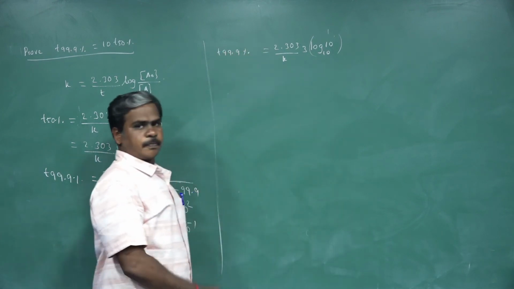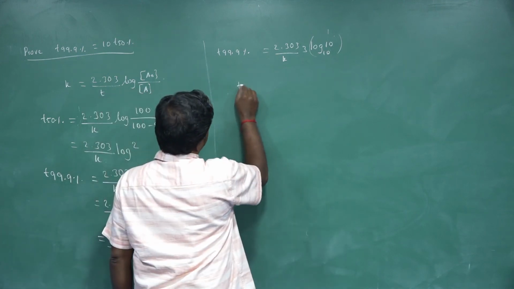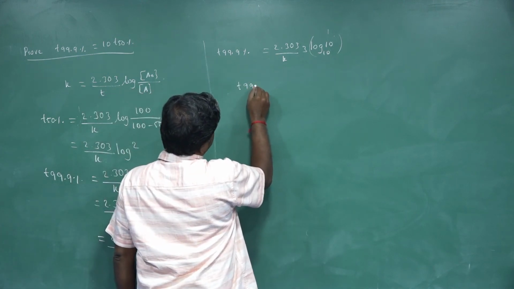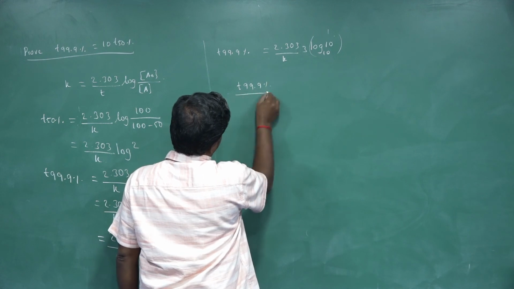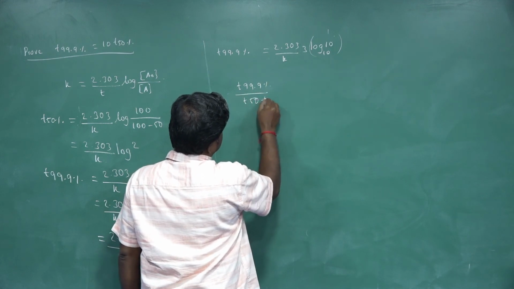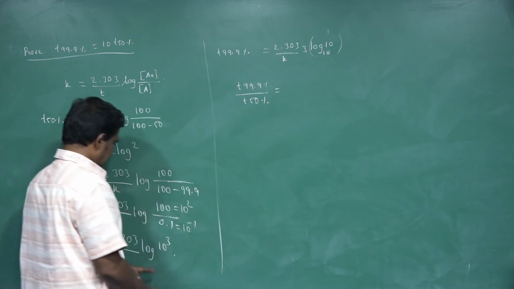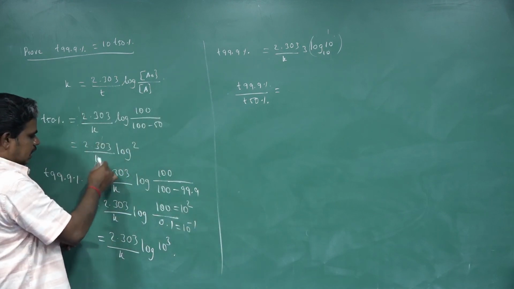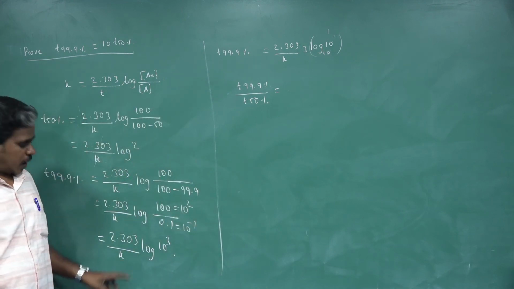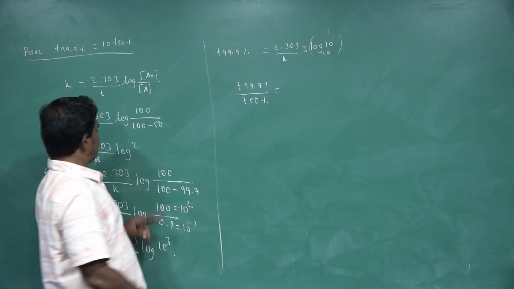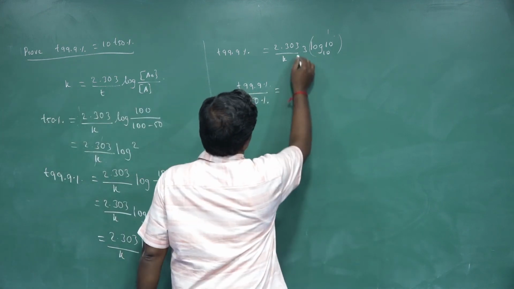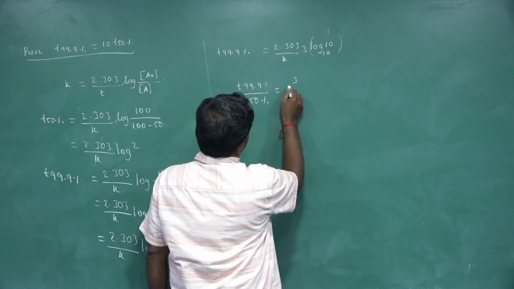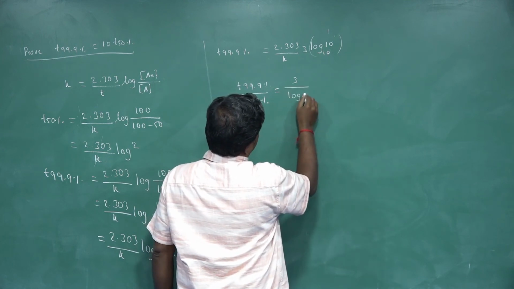So this is T for 99.9% completion. Now we take T 99.9% divided by T50. You may cancel out the 2.303 by K. So what will happen here? It is nothing but 3 divided by log 2.